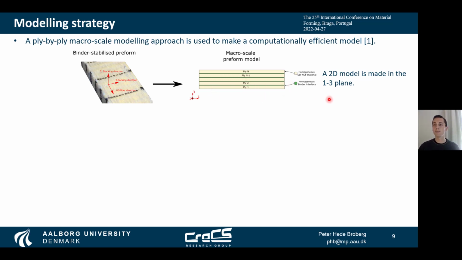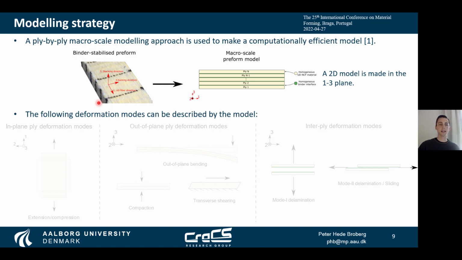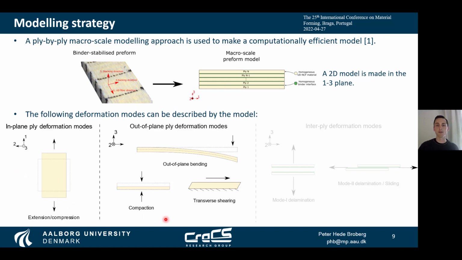The current model is a 2D model made in the 1-3 plane of the preform, shown over here. That means that the model can describe the following deformation modes: in-plane extension and compression of the non-crimp fabric. Then it can describe the out-of-plane bending, transverse shearing, and compaction of the non-crimp fabric. And finally, it can describe the separation and the sliding between these non-crimp fabrics.